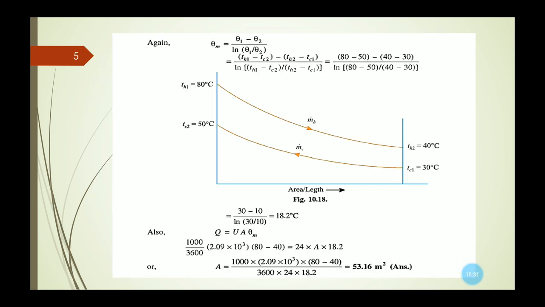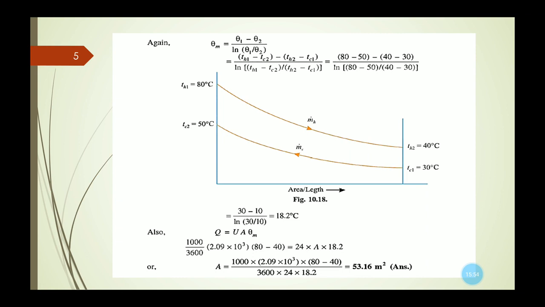Next, we need to find the surface area for this counterflow heat exchanger. For that, again we need to use the similar concept that we have used in the earlier numerical. That means first we need to find the value of the LMTD, and after that Q equals UA LMTD. So this is the formula.